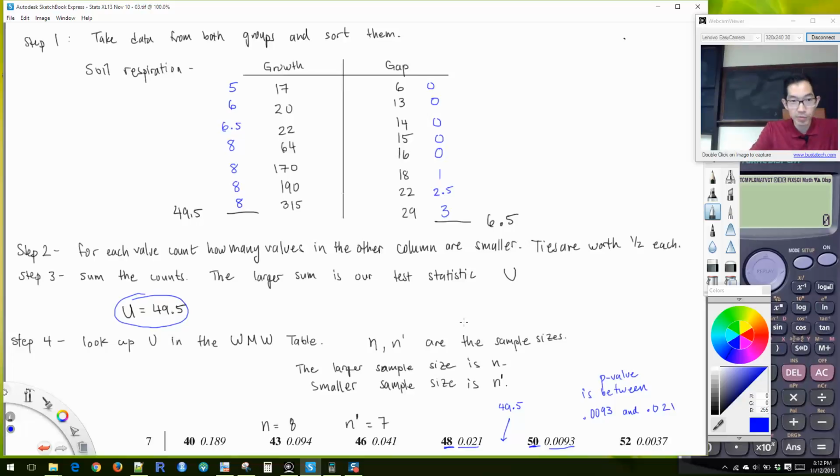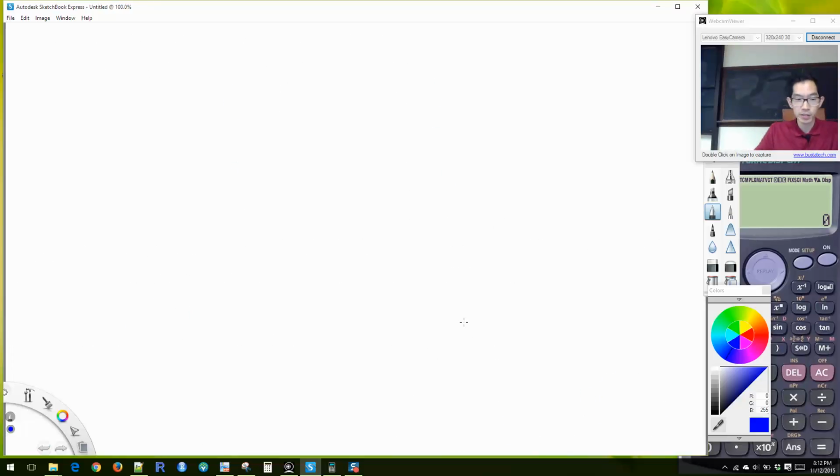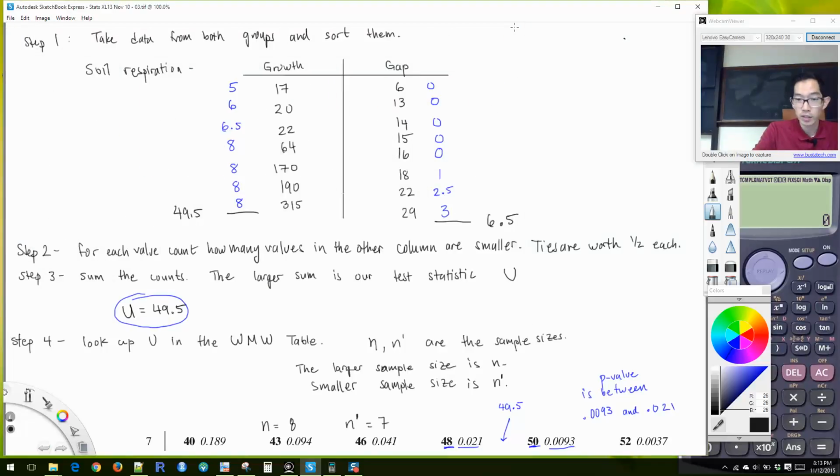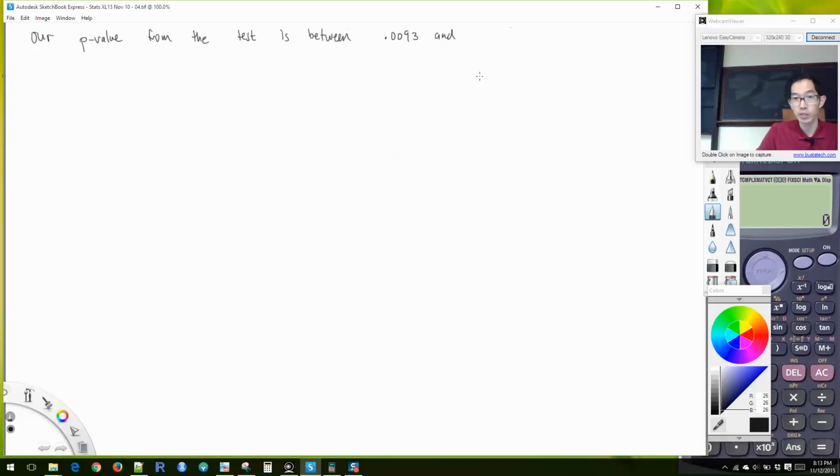Okay? So let's flip to the next slide and talk about the conclusion we make. So our p-value from the test is between 0.0093 and 0.021, okay? All right. So in this case, what would we do?